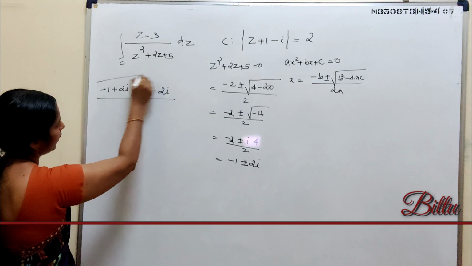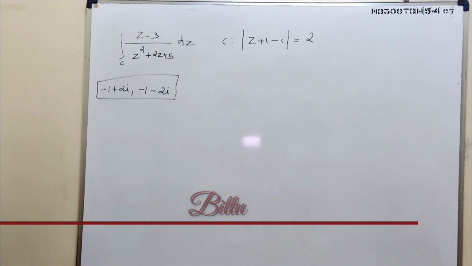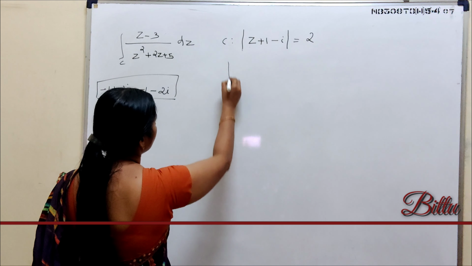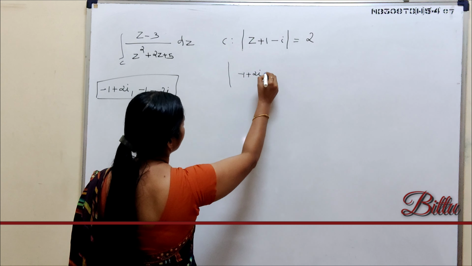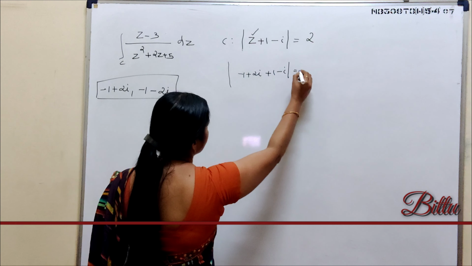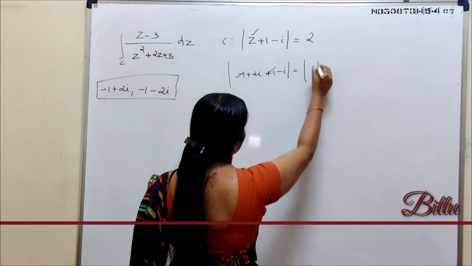These are the poles of the given function. Next we have to check which poles are within C. So you put z equal to minus 1 plus 2i. Here, plus 1 minus i, which is equal to mod of... this will cancel, it is i.